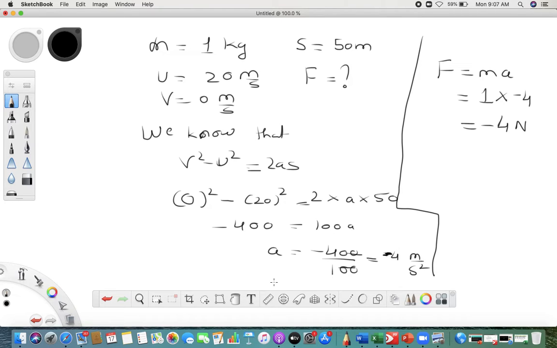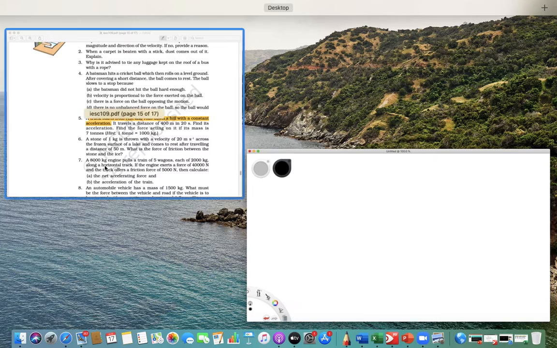It's very easy, guys. Just understand the quantities. There are certain terms you have to understand. If an object starts from rest, initial velocity is 0. When an object comes to rest, final velocity is 0. Like that.